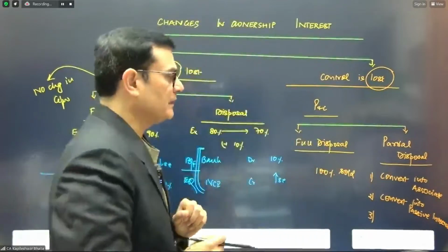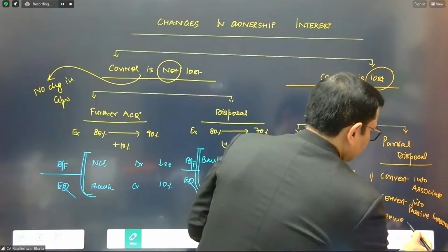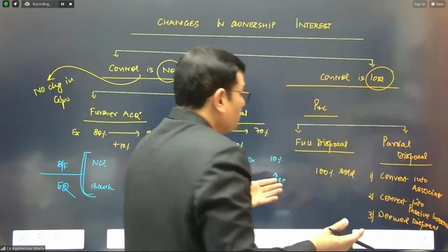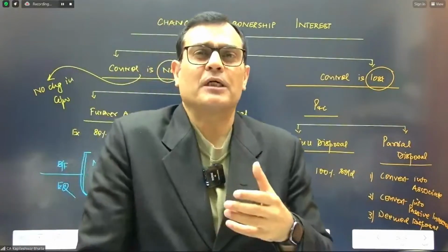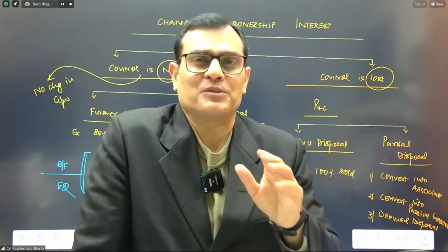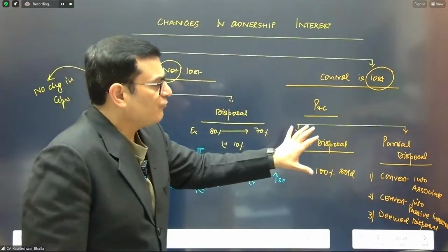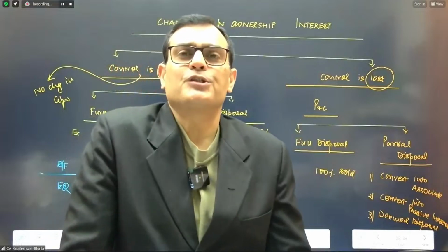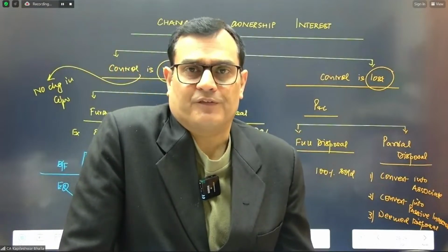And there is another interesting concept, and that is called a deemed disposal, where you don't dispose, but there are transactions which occur and they lead to a disposal. Now, trust me, whether it is a full or a partial disposal, I am now going to give you a simple entry with which you will easily calculate things.